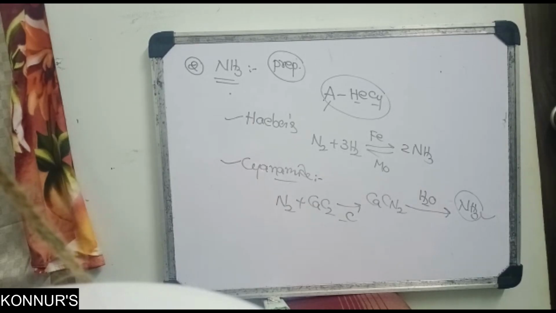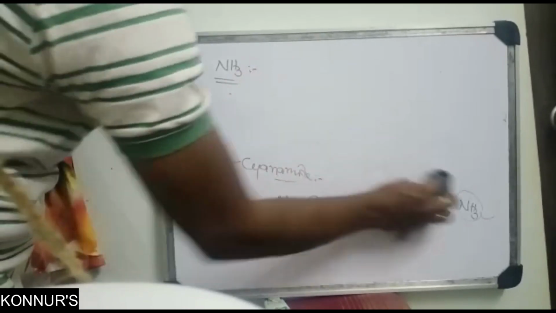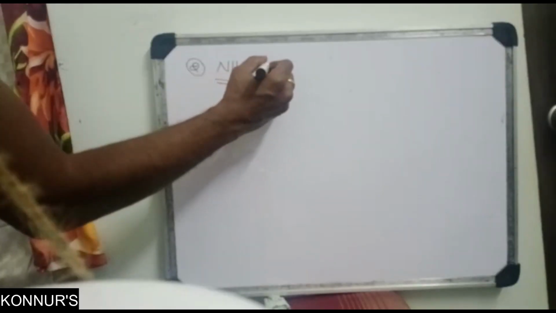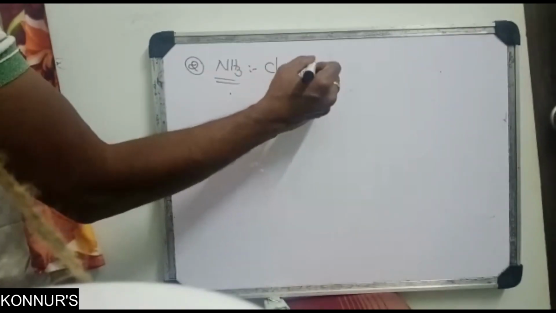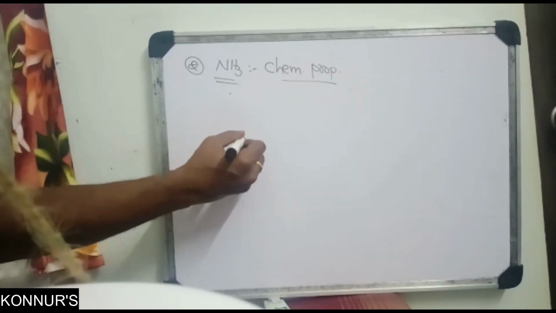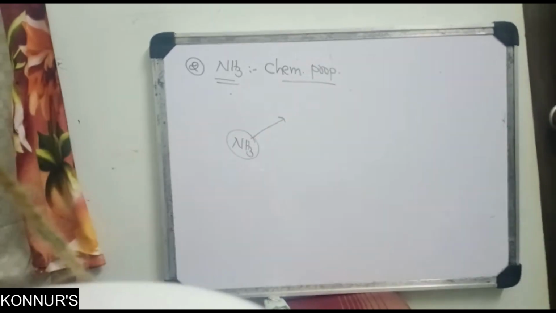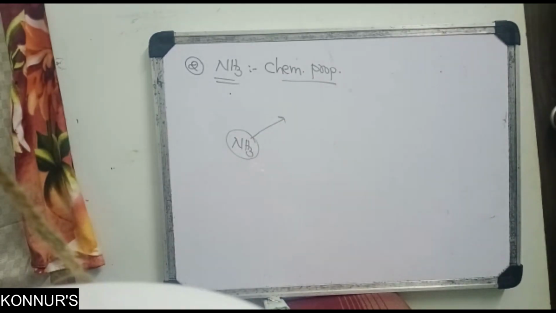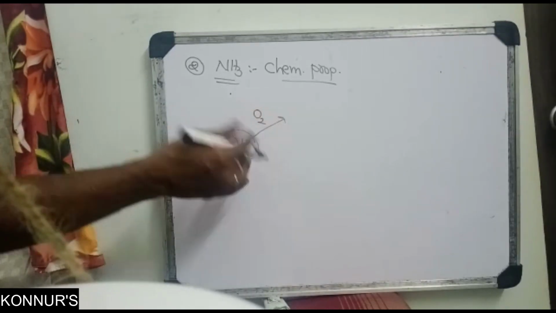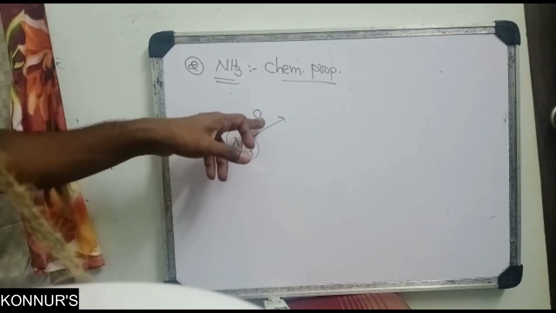Next, you take chemical properties. So ammonia chemical properties. So you take ammonia. Generally, we can heat it. So directly you can heat, otherwise oxygen, hydrogen. Already hydrogen is there. So no need to think about hydrogen.